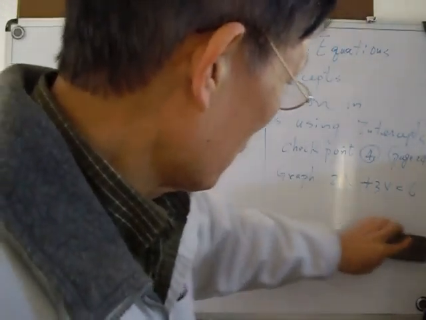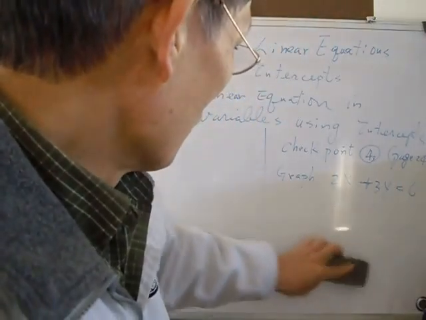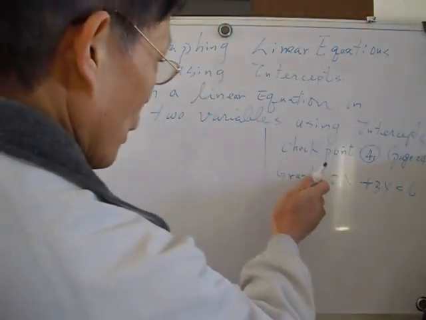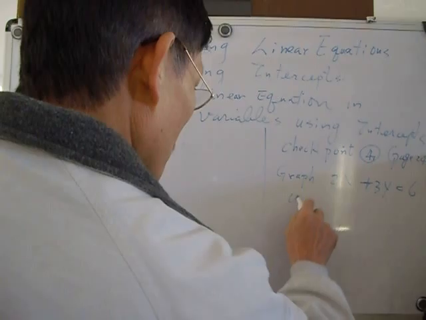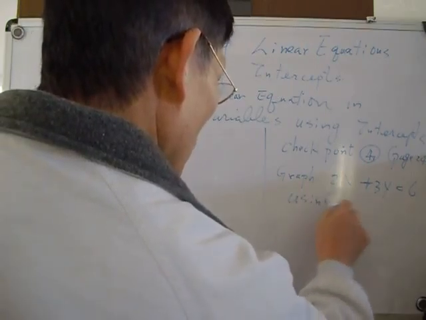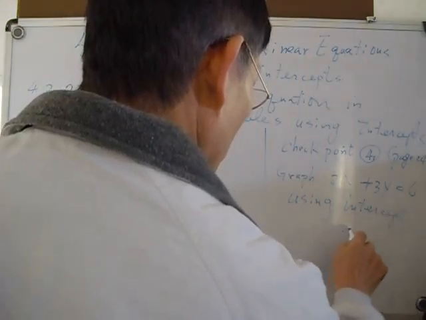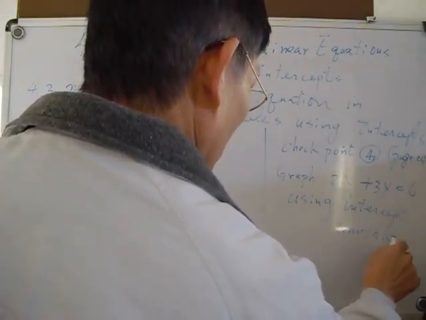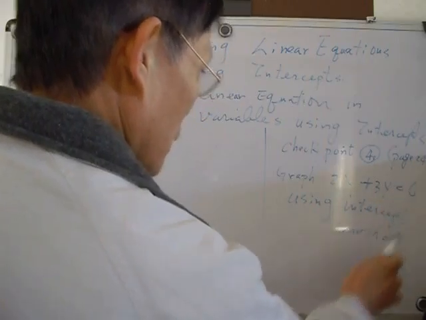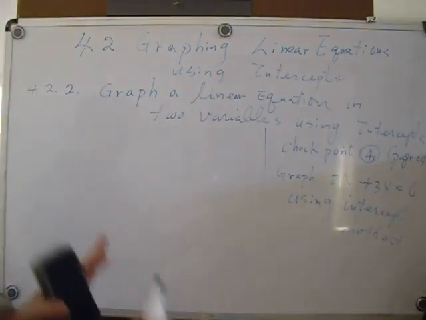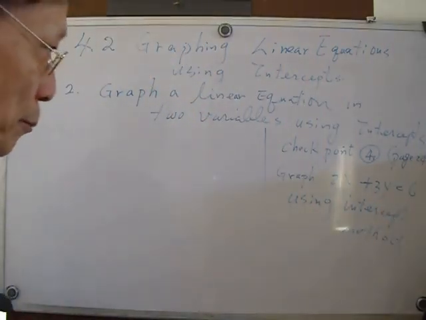But obviously, that method will be longer. If your instruction says using the intercept method, this is very specific on the exam. They're saying using the intercept method, meaning you need to label your x-intercept and y-intercept.